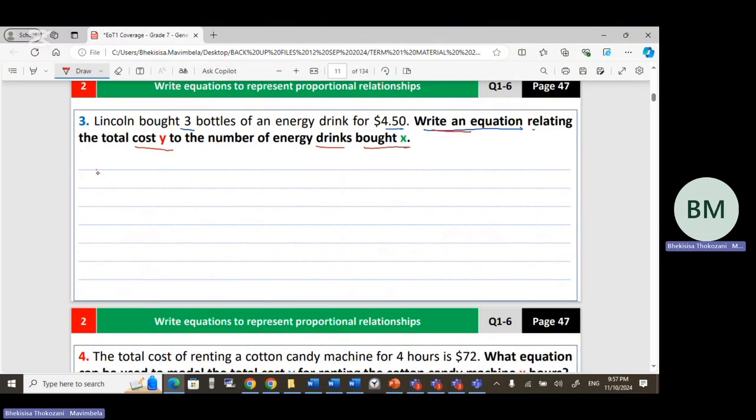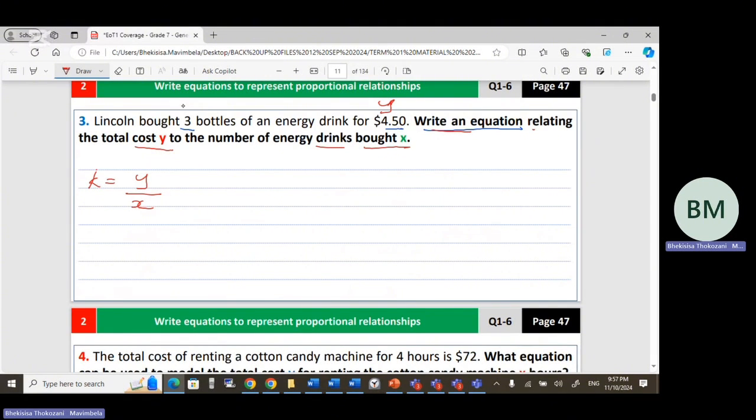So remember, my formula for K is K equal to Y over X. So which is my Y here? My Y is the cost. Remember, they told us the Y is cost. So this is my Y here. And my X is my bottles, or rather these energy drinks.